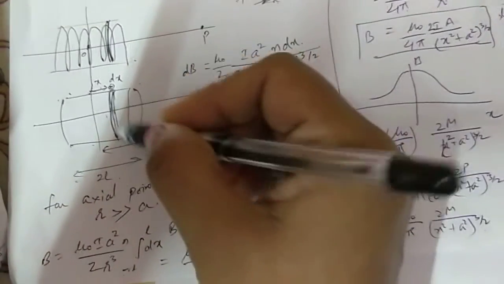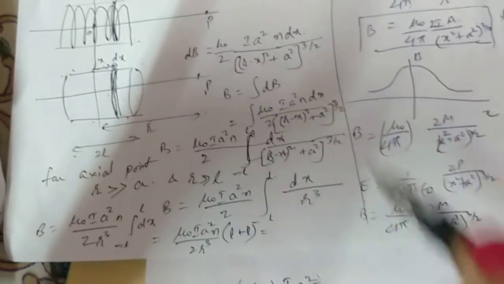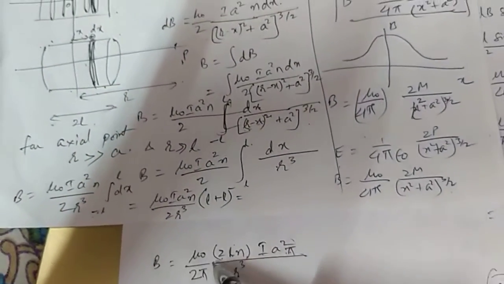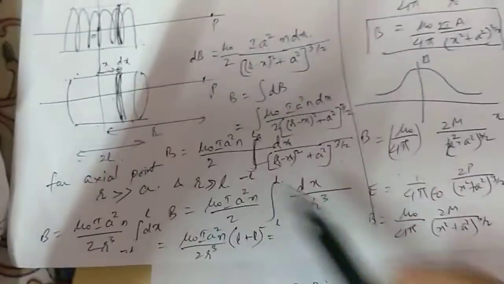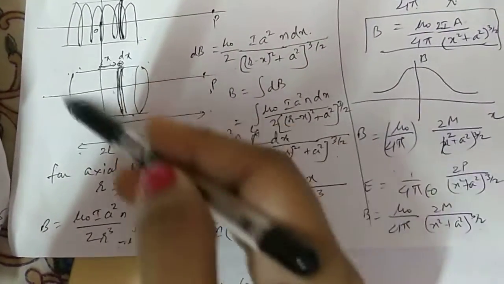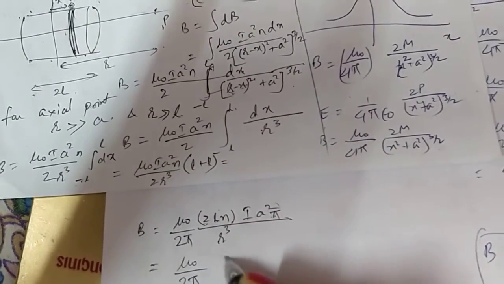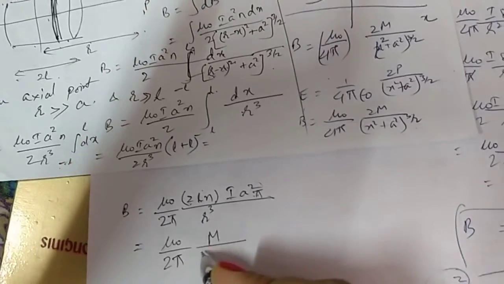Area of the loop into current into the number of turns gives us the total magnetic moment of this entire loop. So we get mu naught by 2 pi, and this is the total magnetic moment m, by r cube.